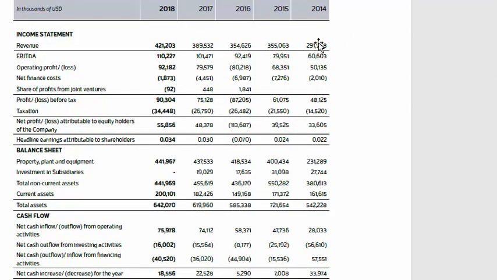For instance, in 2014, the revenue was 29,948, whereas in 2018 it was 421,208.